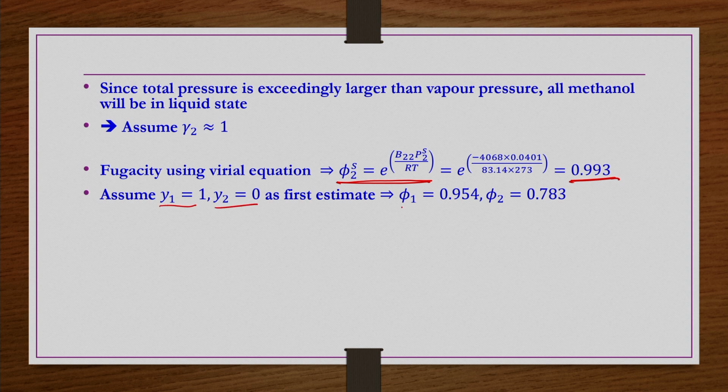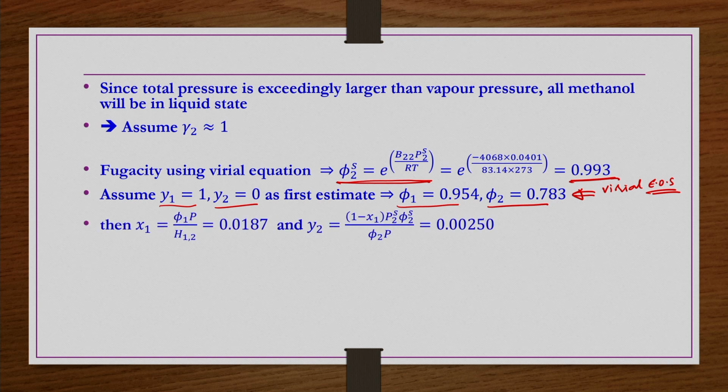Then find out phi 1 and phi 2 from the virial equation of state expressions for ln phi 1 and ln phi 2, by taking y1 equals 1 and y2 equals 0, because we do not know. So, we are starting with this trial, right.